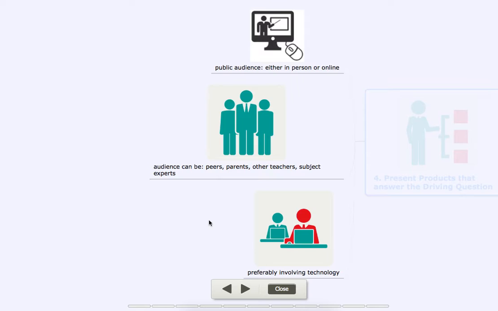Perhaps they make up a poster to advertise what's going on. They might use Glogster, for example, to make a beautiful poster. It doesn't matter, but at some stage in the process, the research is showing that it should involve some type of technological platform.